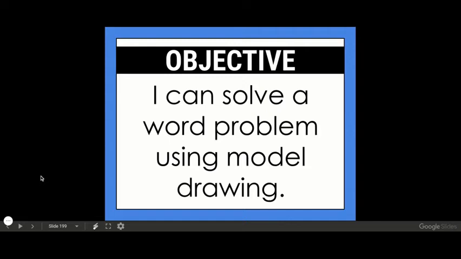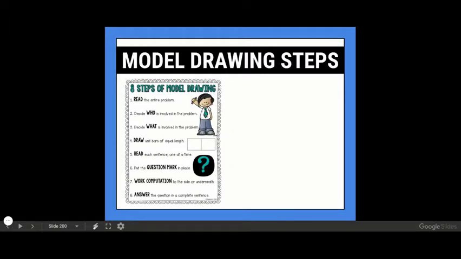The objective for today is I can solve a word problem using model drawing. So just to review from yesterday, remember we have our 8 steps of model drawing, and I like to use the saying real wise workers do problems, quit complaining about it silly.